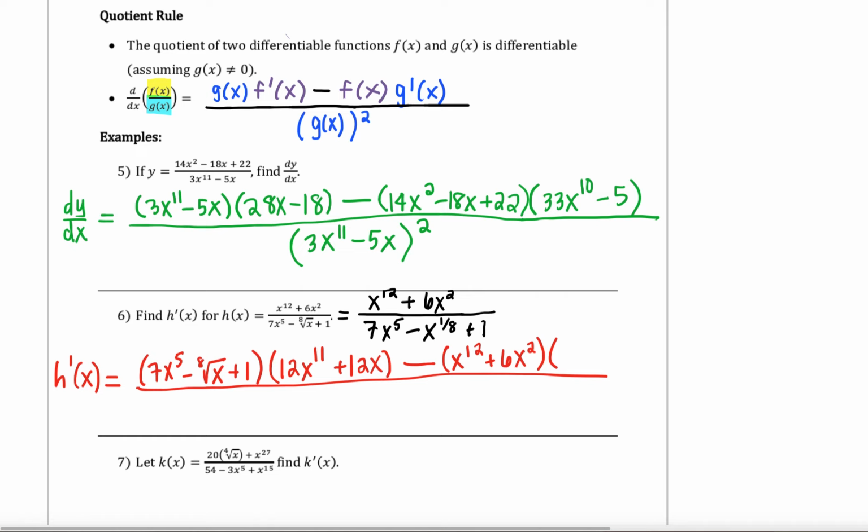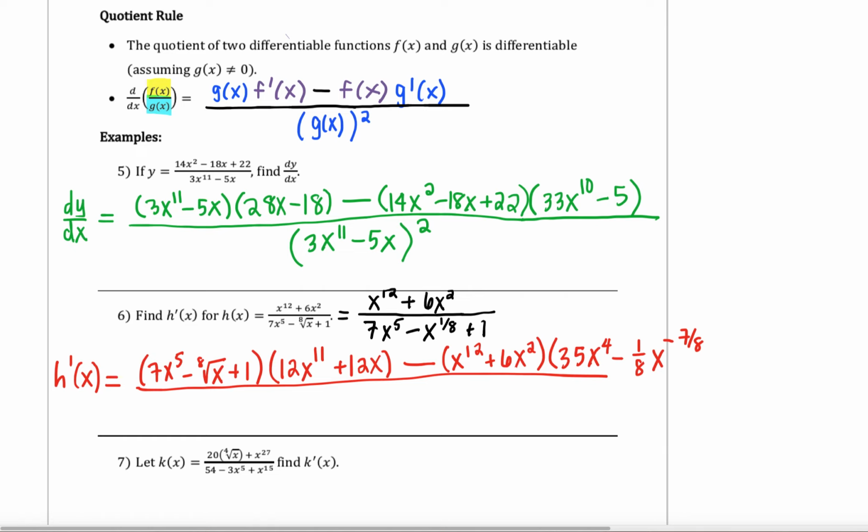times the derivative of the denominator. So using the power rule here, we'd get 35x to the 4th minus 1/8 x to the -7/8, because remember I've got to subtract 1, and 1/8 minus 8/8 would give me -7/8.